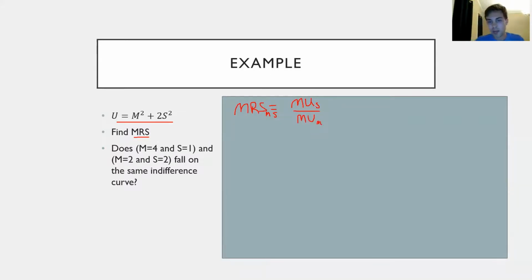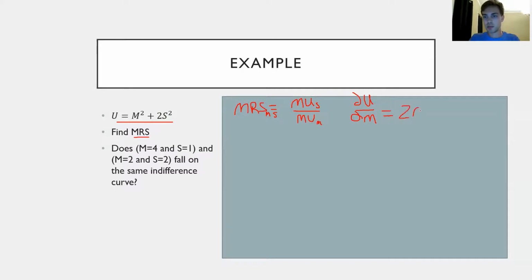Now we need to find what the marginal utility of s is and the marginal utility of m is. So we have a utility function and we need to find the marginal utility of that. To find a marginal utility, what we need to do is take a partial derivative. So I didn't make you guys do that math for nothing. The derivative of this function with respect to m is just going to be 2m, and since there's no m term over here, that part's going to be 0.